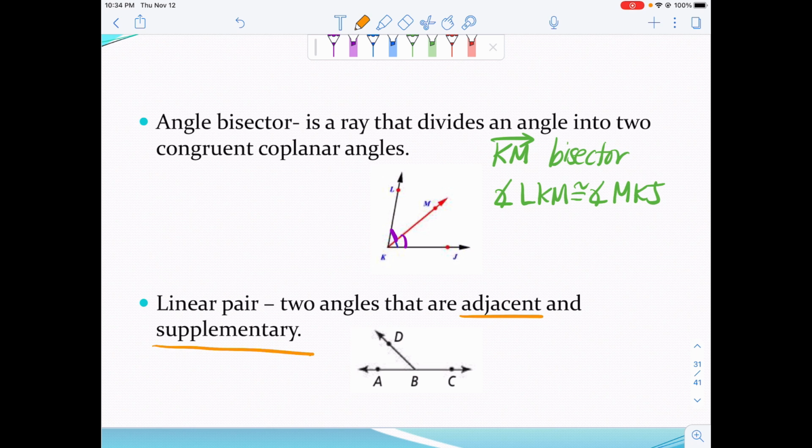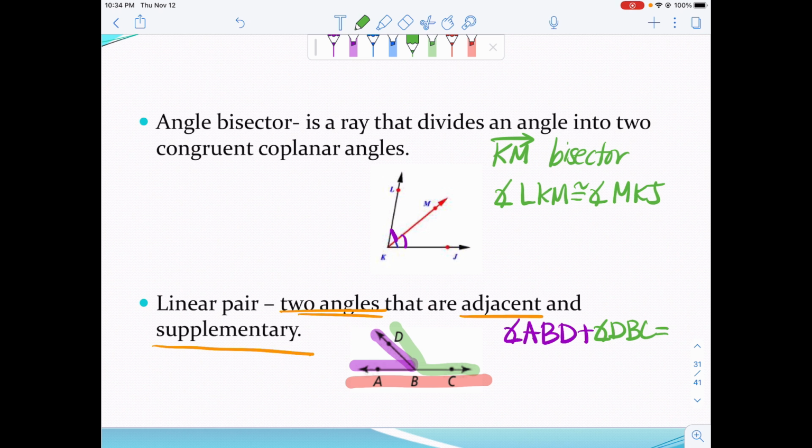And last but not least, we're talking about two angles, right? So like we've done in the past with the angle addition postulate, we're going to go ahead and write down a statement with it. What we're going to start with is angle ABD plus angle DBC is equal to angle ABC. So a linear pair is going to fall under that, right?